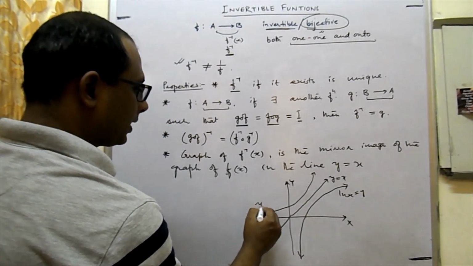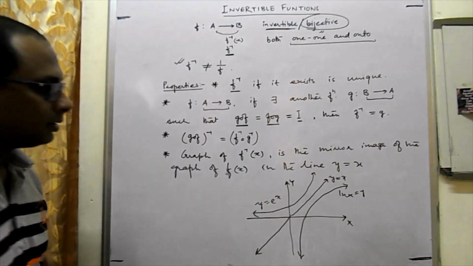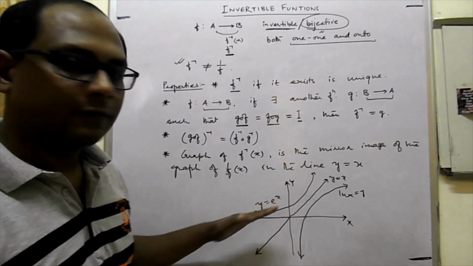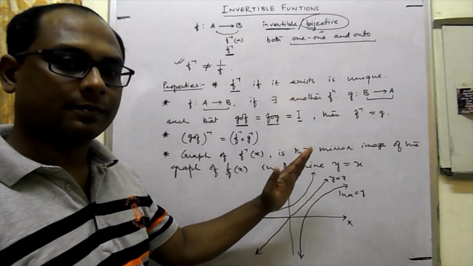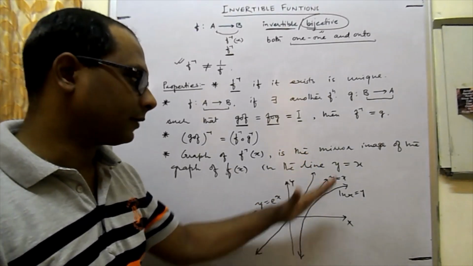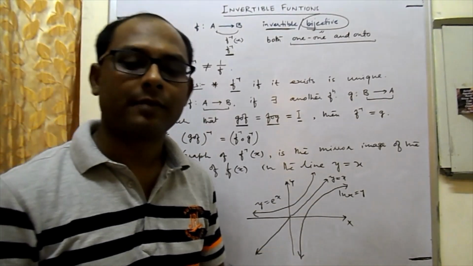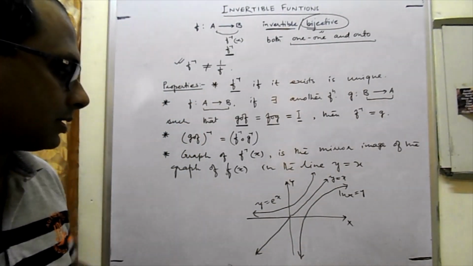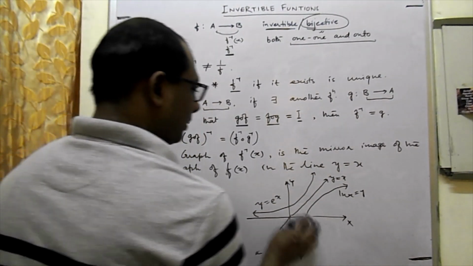This one was y equal to e to the power x. So if we know the graph of one function, the inverse function's graph can be drawn by taking the reflection on the line y equal to x. That is what this result is telling us.